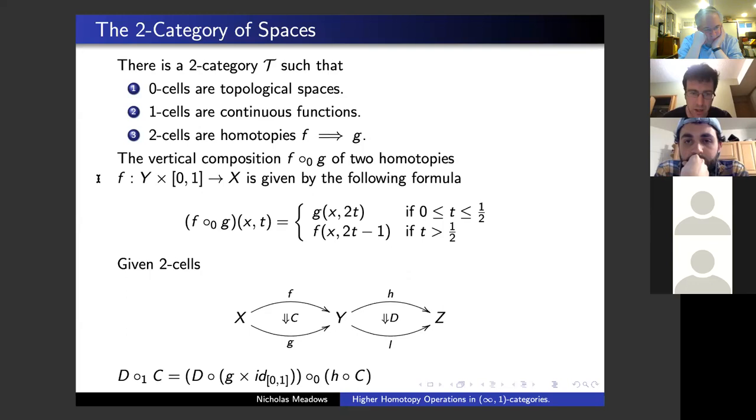So now I get a homotopy between H composed with F and L composed with G.